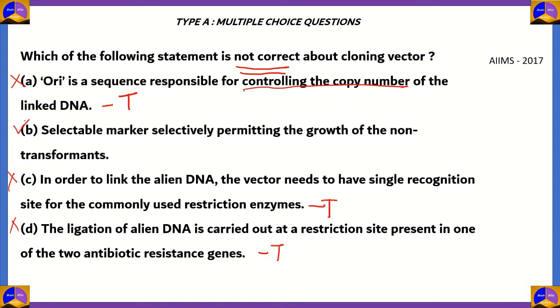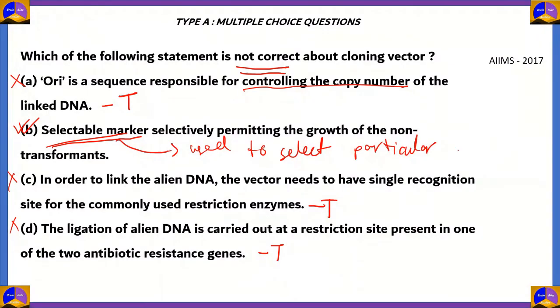The right answer is option B, selectable marker, selectively permitting the growth of non-transformants. So what exactly is the role of a selectable marker? The selectable marker is used to select a particular gene from given fragmented DNA.